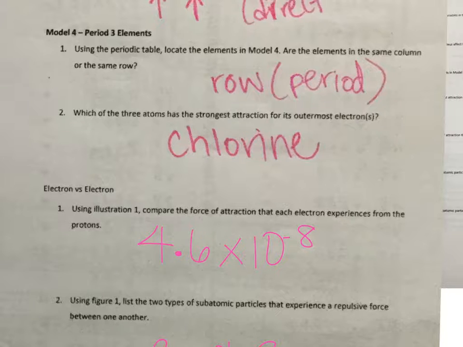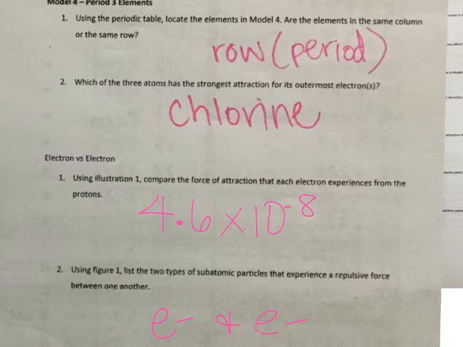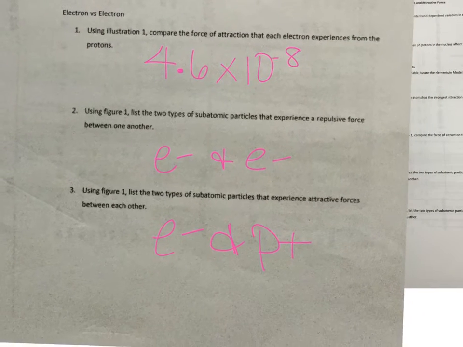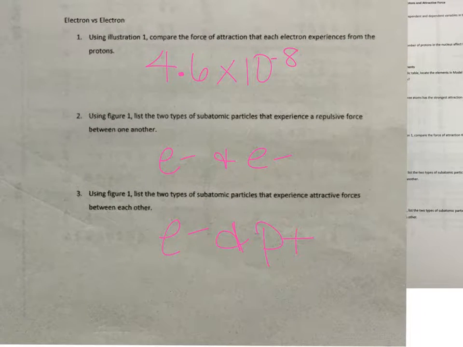Out of the 3, chlorine had the strongest, the one mostly to the right, the one who becomes an anion because it likes its electrons. Cool? Keep that in mind today. And then finally, the last one was just saying that each electron gets the same amount of force. So as I have a bunch of protons in the middle, each one gets a bunch of proton attraction.